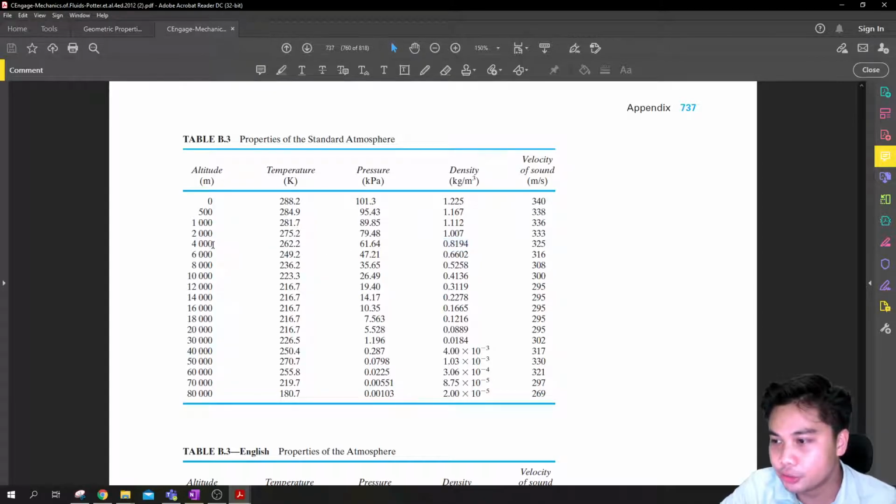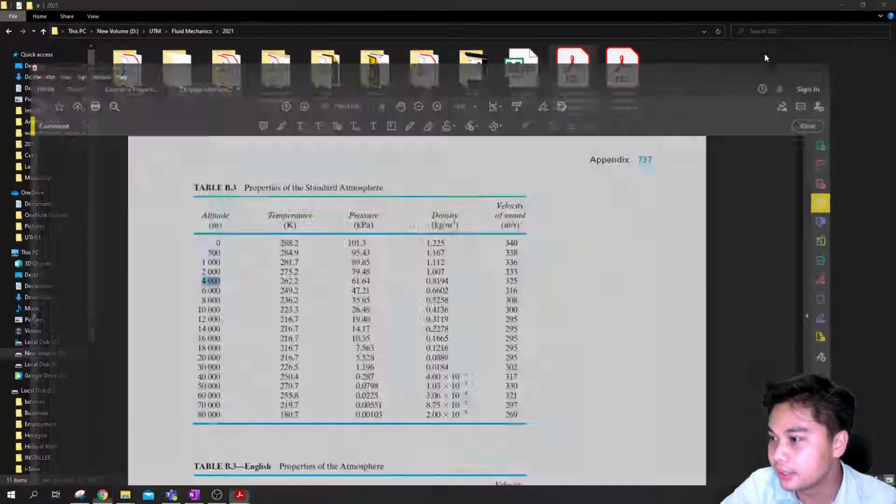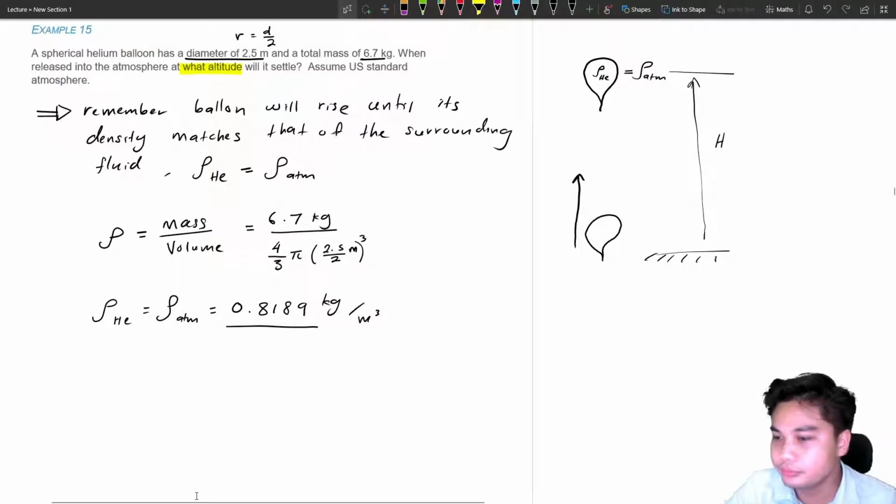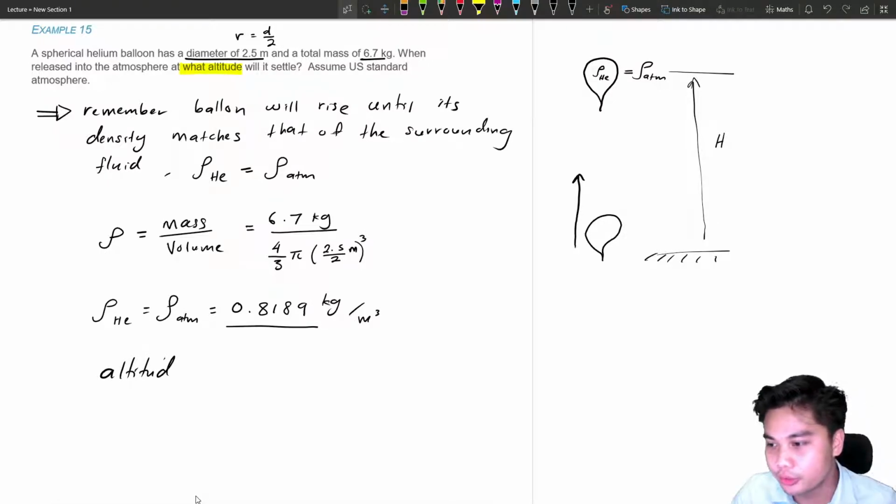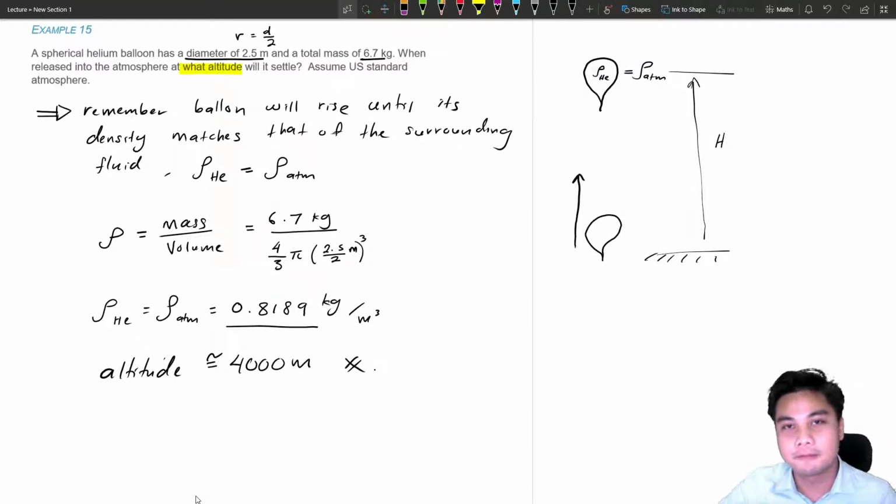So I assume that the altitude is around 4,000 meter. Thus, the altitude that corresponds to this density is around 4,000 meter. That is the final answer.